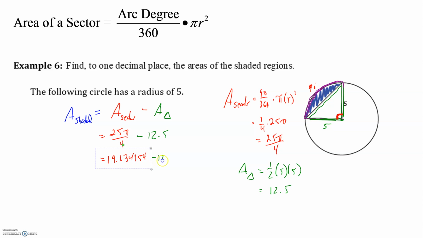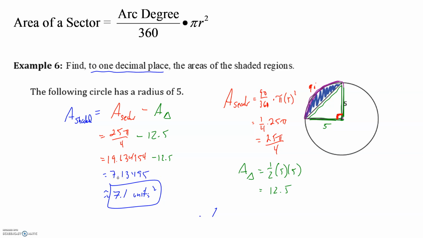I'm going to subtract the 12.5 from that. When I do that, I get an answer of 7.13495 and so on. It tells me to round to 1 decimal point, so that's approximately 7.1. Again, no unit measure, so just units squared.